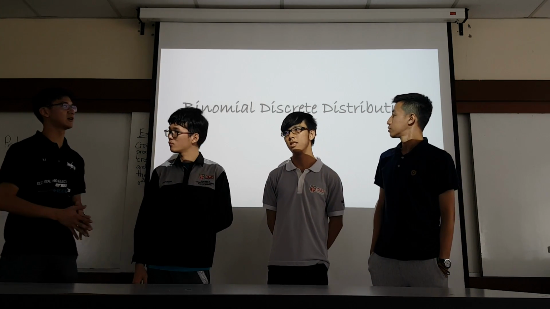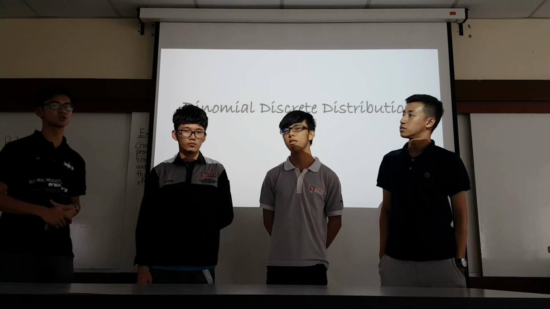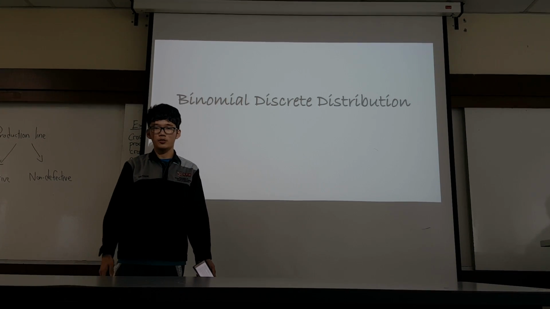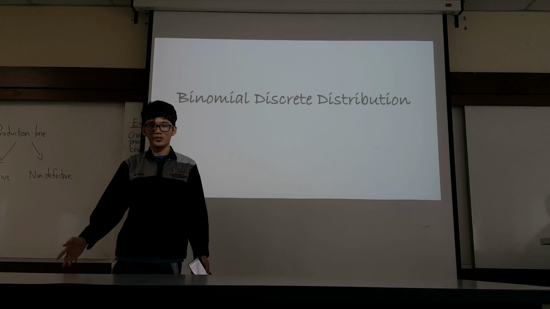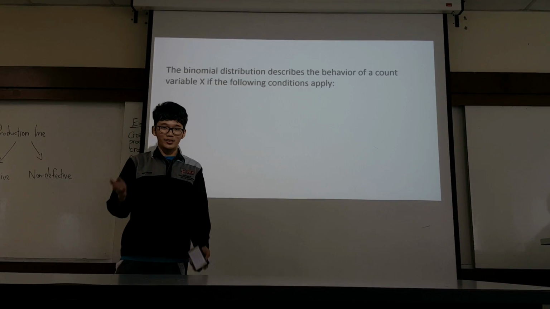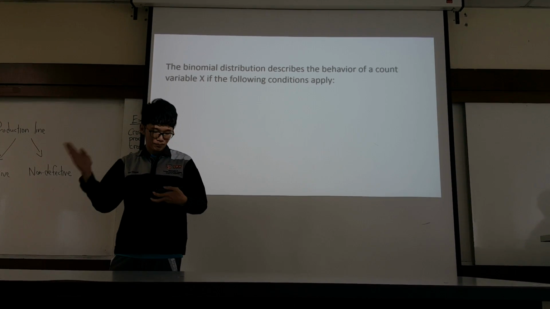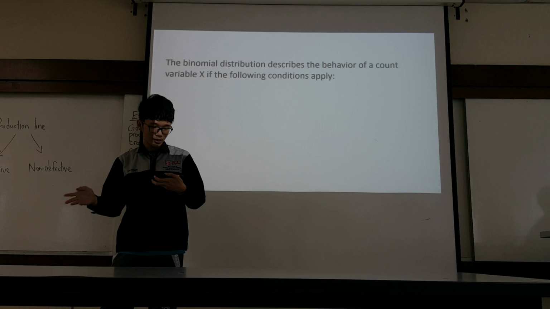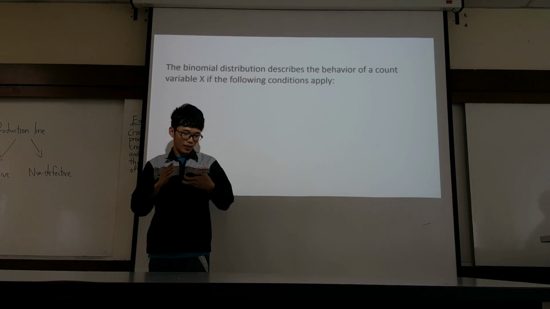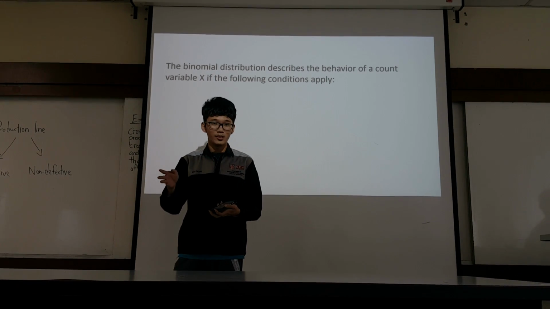Now we are going to start on the first topic, which is the introduction to the binomial discrete distribution. In probability theory and statistics, the binomial distribution with parameters n and p is the discrete probability distribution of the number of successes in a sequence of n independent yes or no experiments.